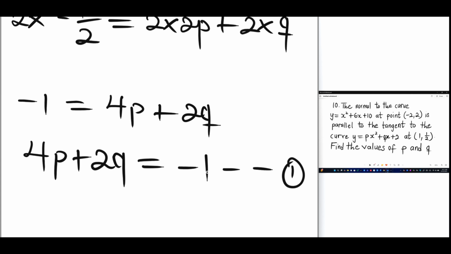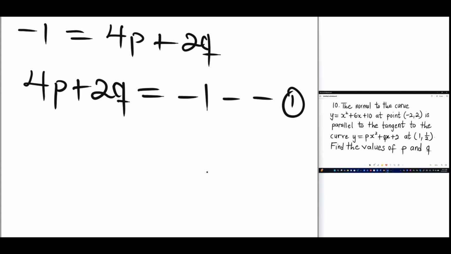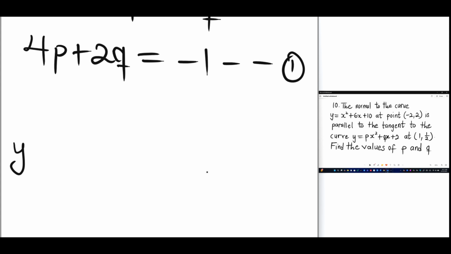Now this is a linear equation in two variables. The variables are p and q. So you need another equation before you can solve them simultaneously. So we go for the second function, because the second function contains p and q.